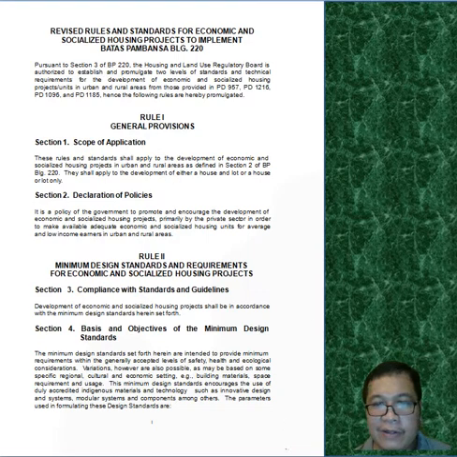The development of economic and socialized housing projects shall be in accordance with the minimum standards set forth. So you have Section 4, the basis and objectives of the minimum design standards. The minimum design standards set forth herein are intended to provide minimum requirements within the generally accepted levels of safety, health, and ecological considerations.